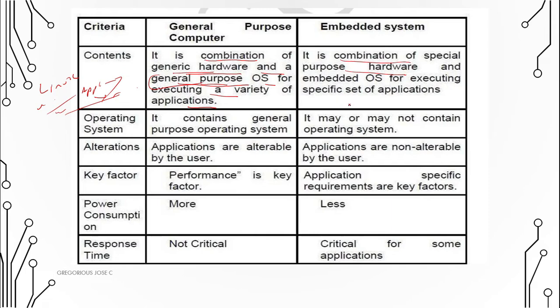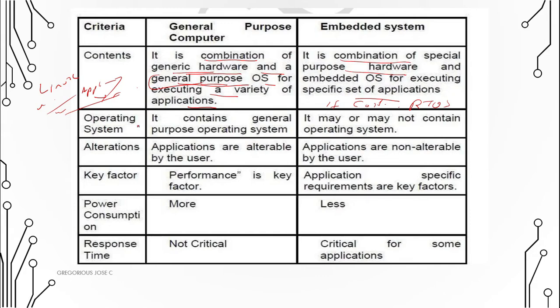Purpose-specific controller or hardware is utilized, because the cost constraint is very important. So here it is a combination of special purpose hardware and an embedded OS for executing a specific set of applications. A particular hardware focuses upon a specific task, and if necessary, there will be a particular OS. Most probably, a real-time operating system will be present to perform that application.